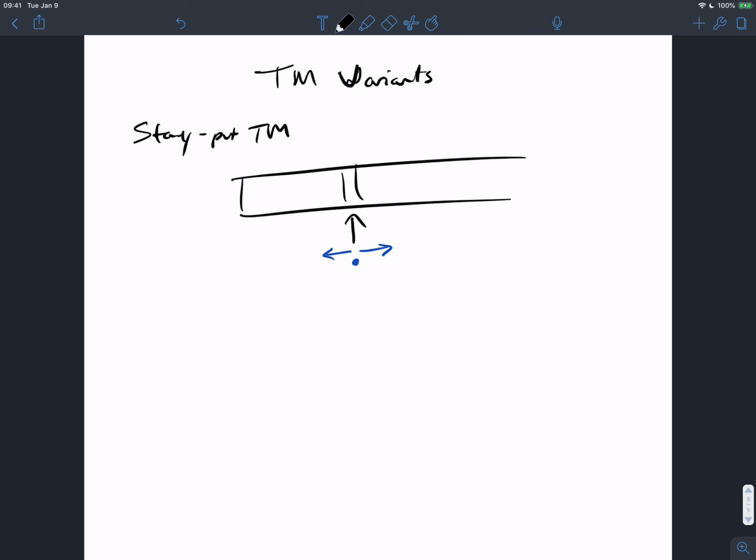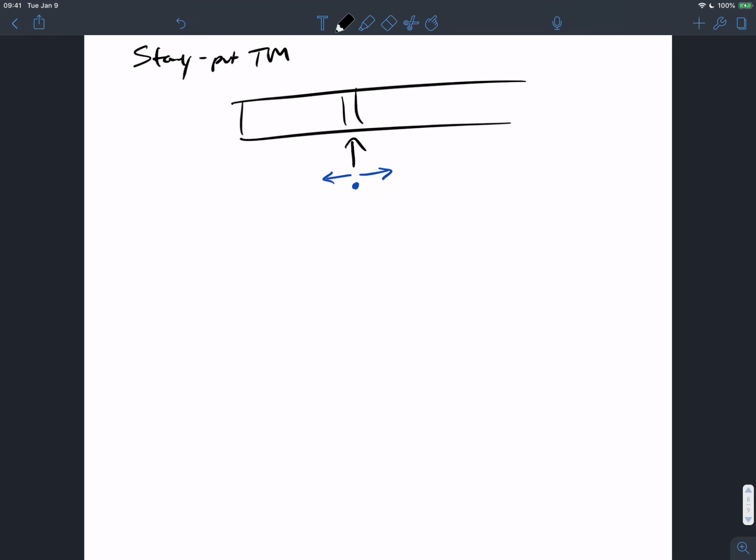But now we need to show, can a normal Turing machine simulate a stay put Turing machine that may have stay put transitions in it, where it does stay in the same place?